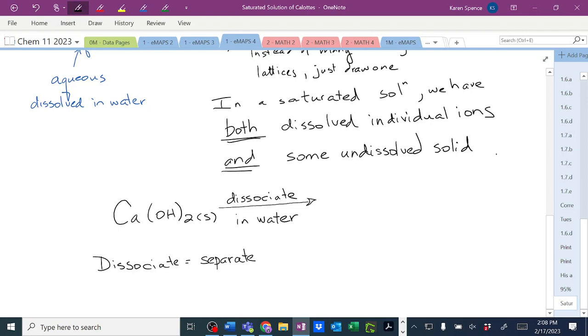So the Ca(OH)2 solid, which is together as a crystal lattice, separates in solution into Ca2+, which is aqueous.